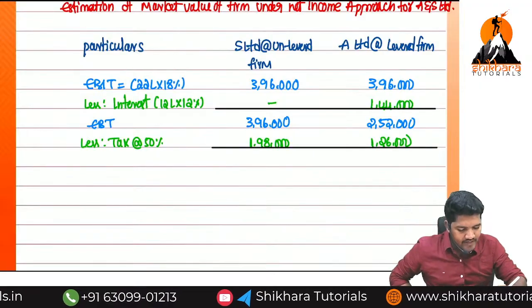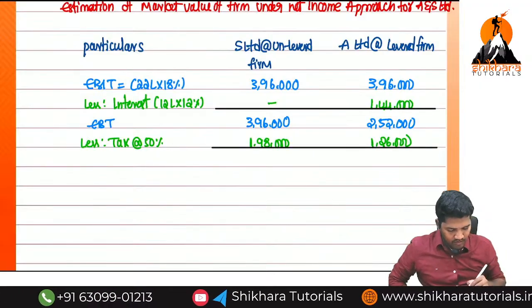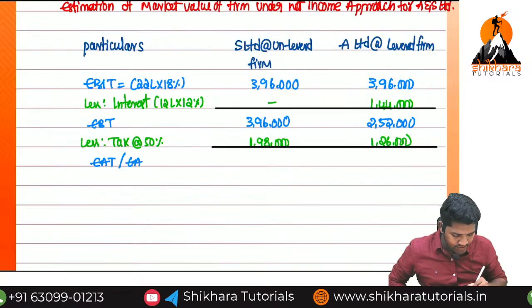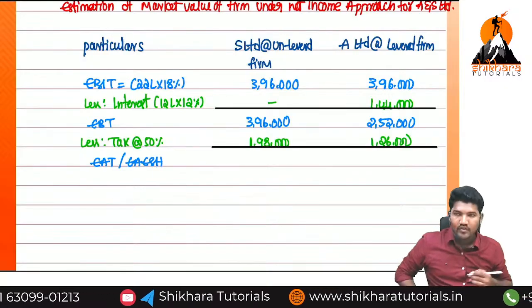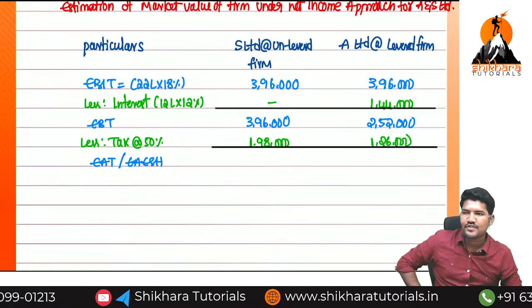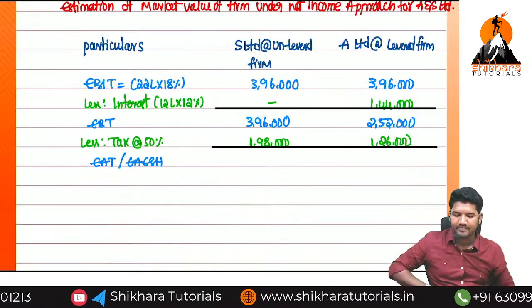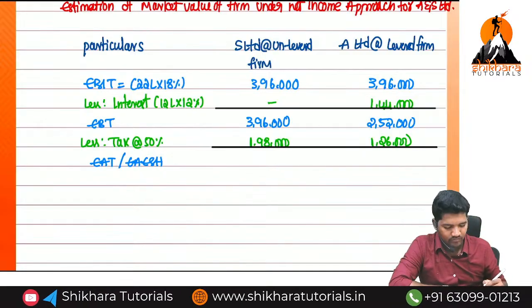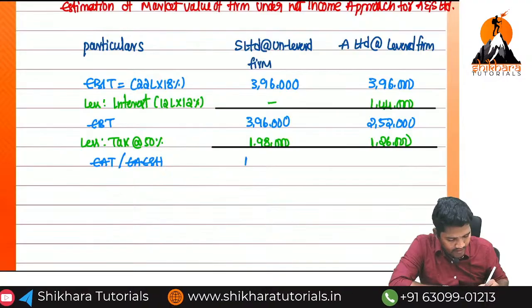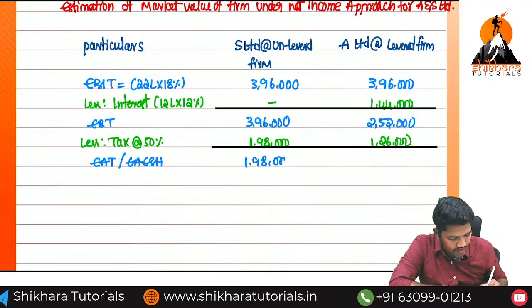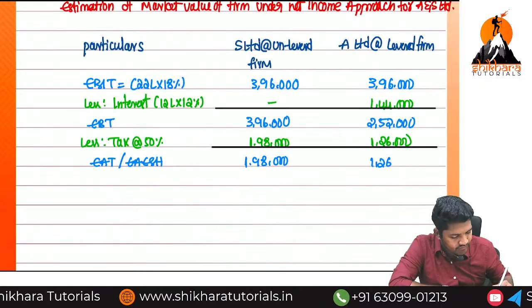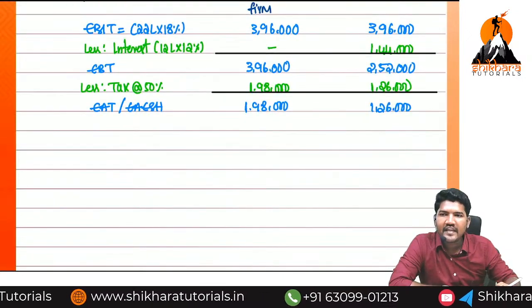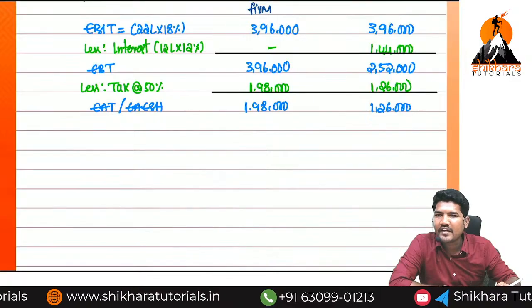So you will get the net profit. Can I use EAESH? EAT is nothing but EAESH for this question because there is no preference dividend. Answer: 1,98,000 and 1,26,000. Now if I divide with KE, I will get the market value of equity.